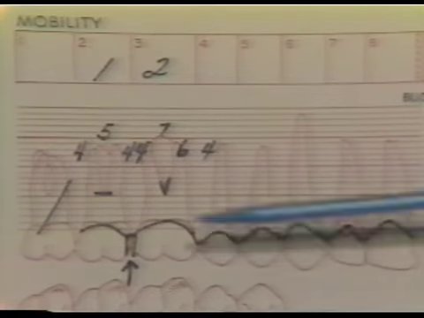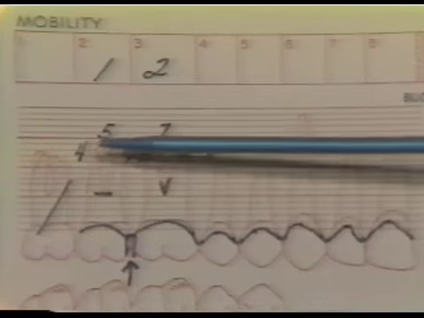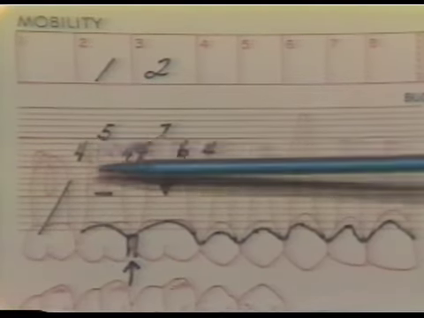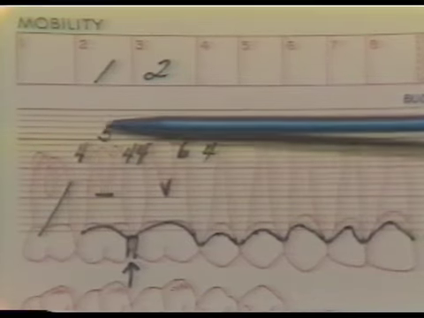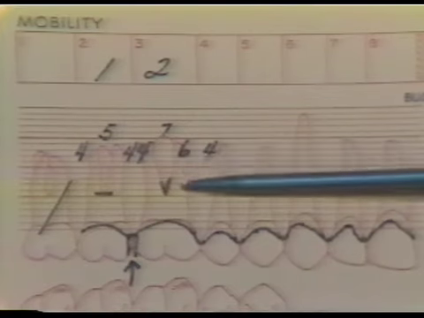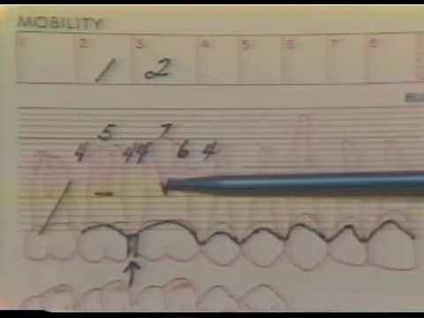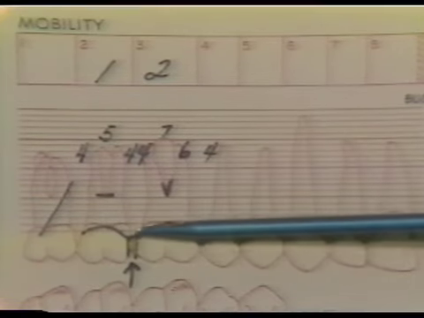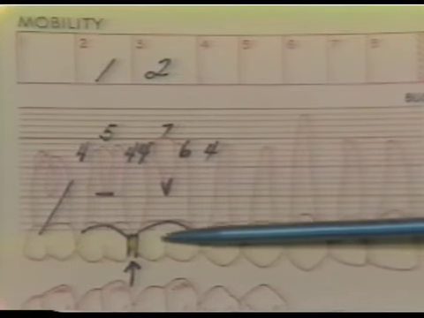Measurements are also made of pocket depths, which are recorded at 3 places on the buccal and 3 places on the lingual of the teeth, represented as 4 millimeters, 5 millimeters, and 4 millimeters. There is a representation made of whether furcations are exposed, as we had just discussed, whether teeth have drifted apart, and whether there is food impaction.